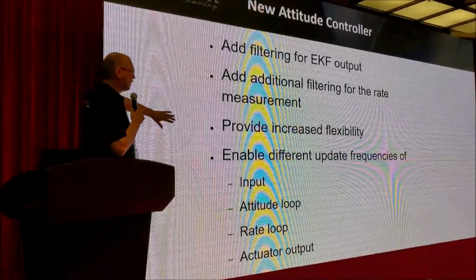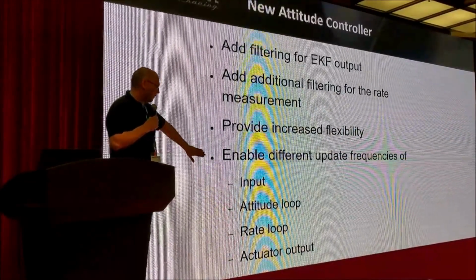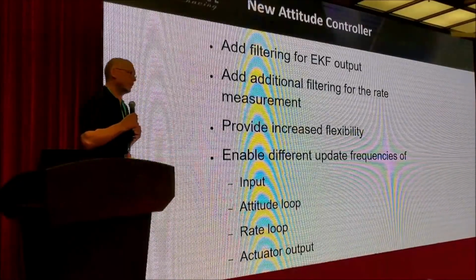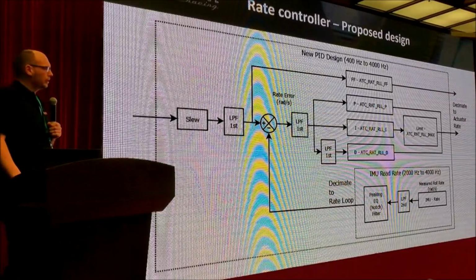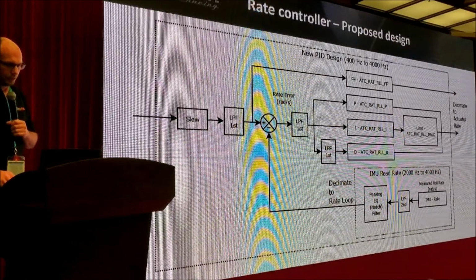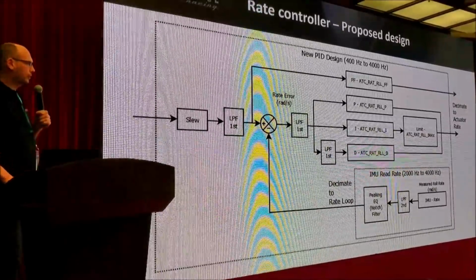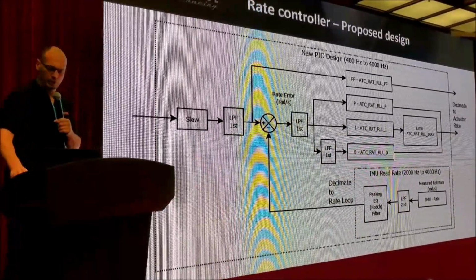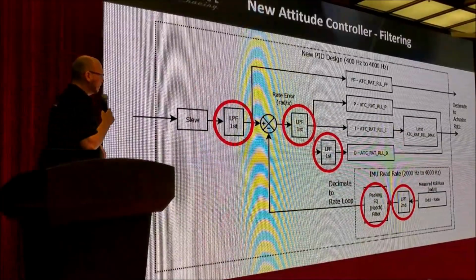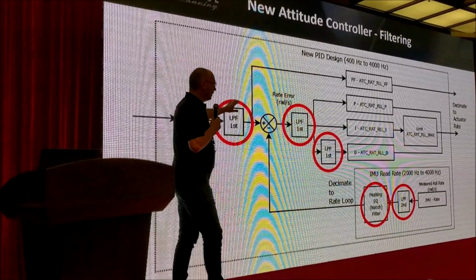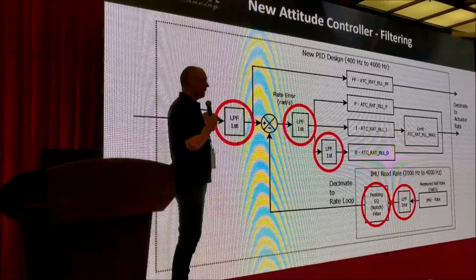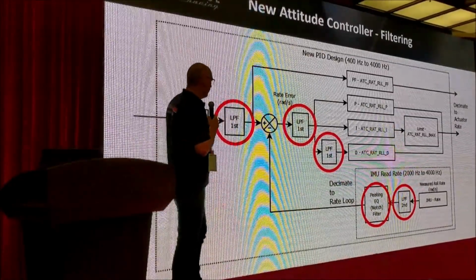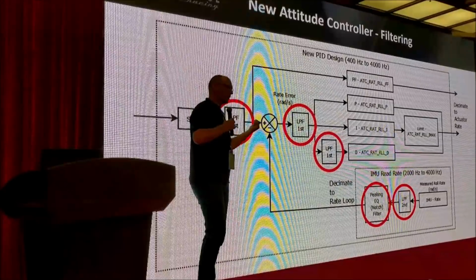And that's where enabling different update frequencies for the various parts of that loop that I talked about earlier comes in. So, this is the topology of the new rate controllers. To deal with the added filtering requirements, we are looking at a low-pass filter on the output of our rate request.